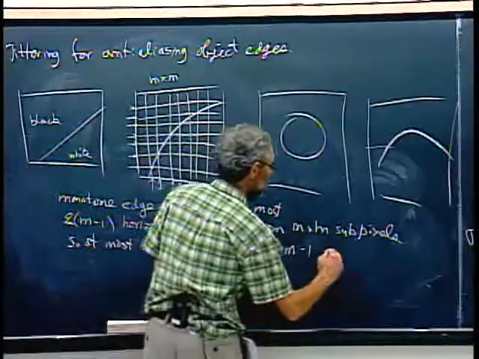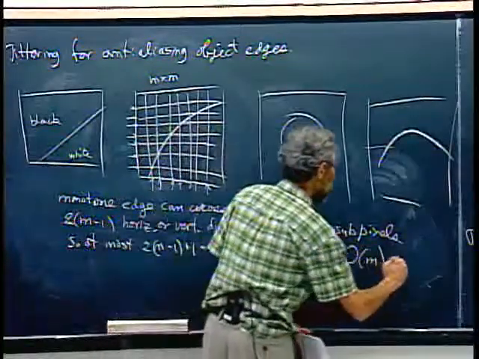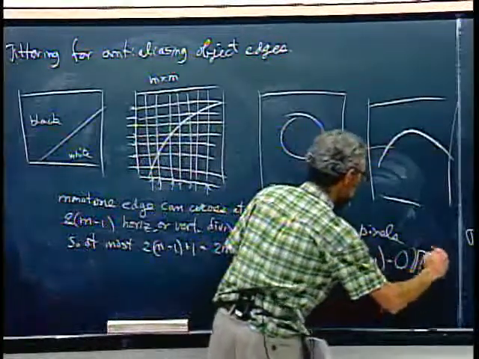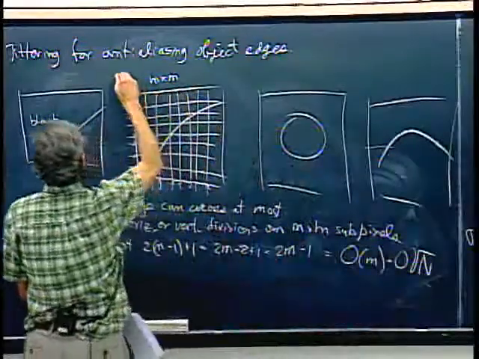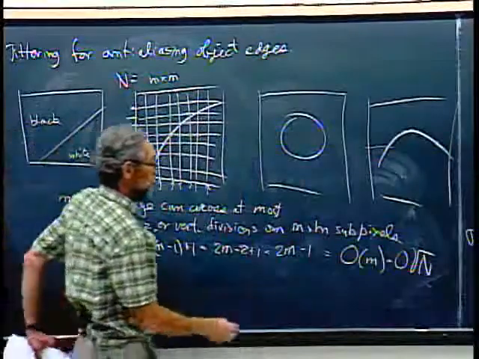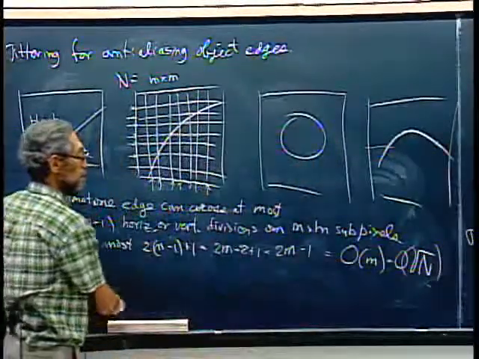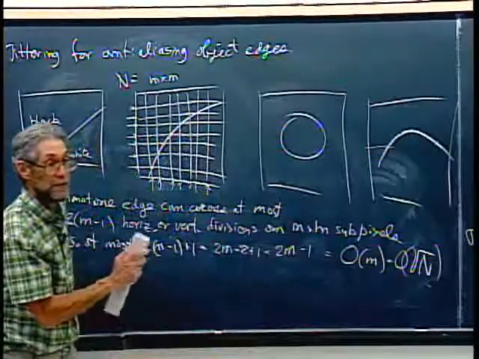In any case, it's big O of m, which is big O of the square root of n. Right? If this is the number of subpixels, that's how many different squares the edge goes through. At most. Might be less.